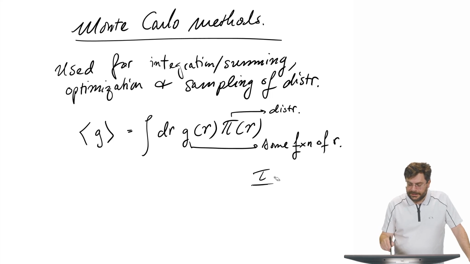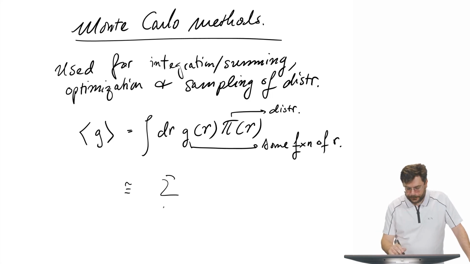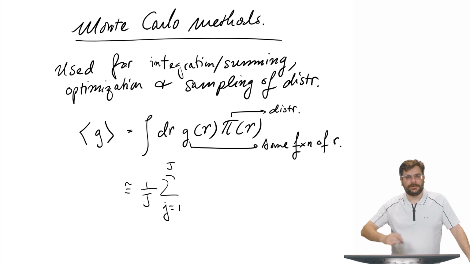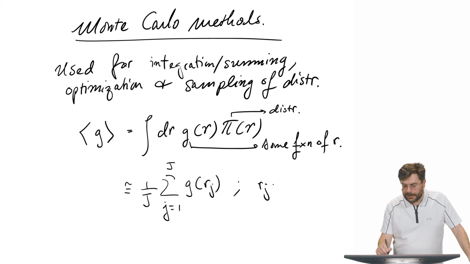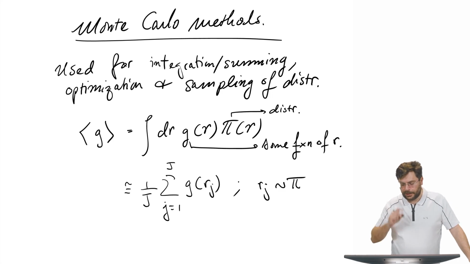Now, if that's the case, then this integral can be approximated as a sum from j equal to 1 to big J. I'm going to divide this by big J, so it's going to be something like an average of g of r sub j, given that r sub j is drawn from pi.